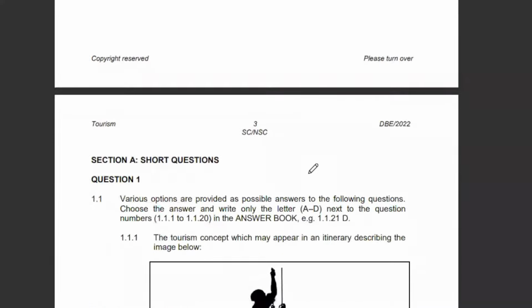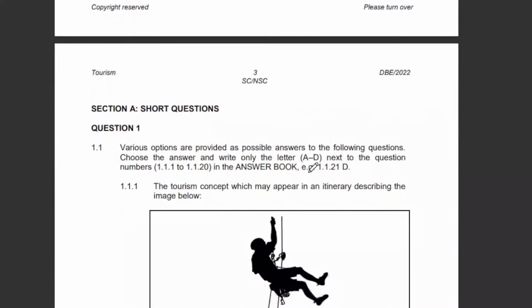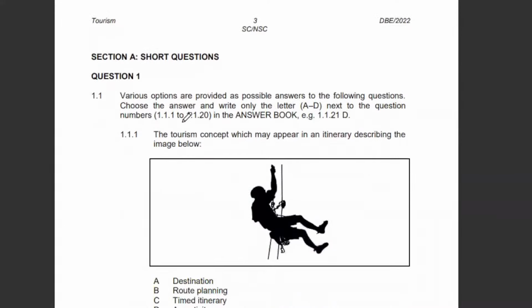Now let's move on to section A, which consists of short questions. The instruction reads: various options are provided as possible answers to the following questions. Choose the answer and write only the letter A up to D next to the question numbers, for example 1.1.1 to 1.1.20, in the answer book.